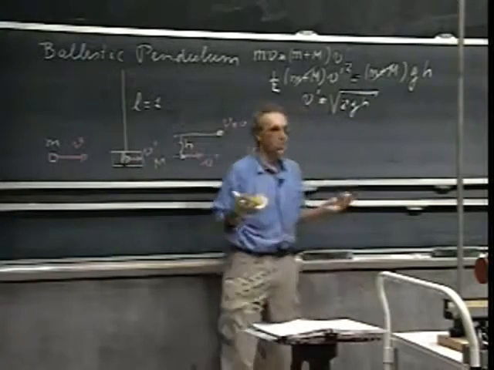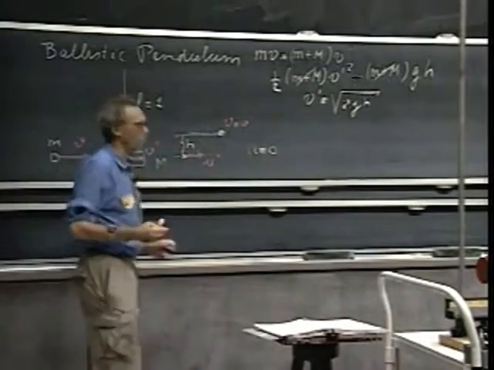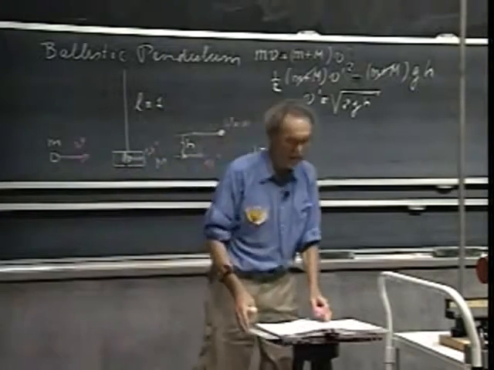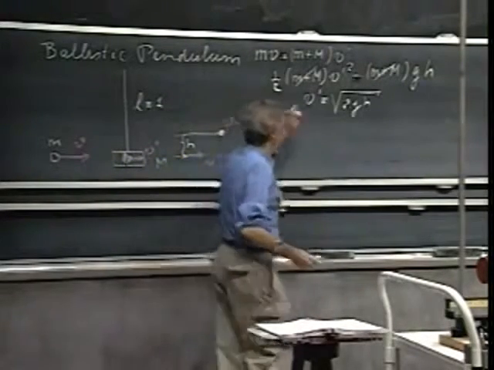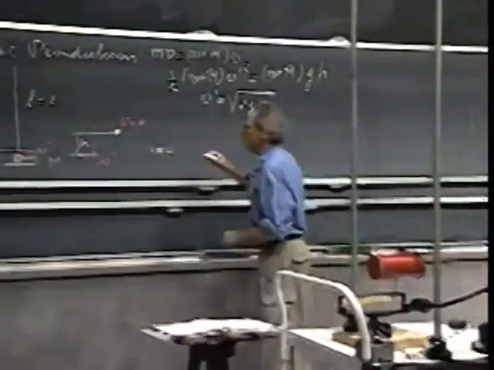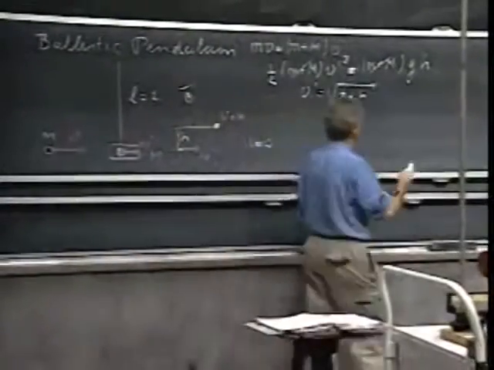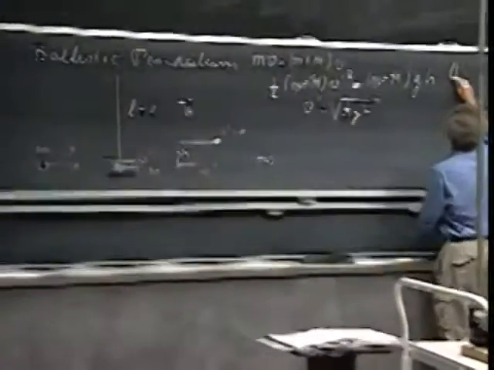And so all you would have to do is measure h, and then you know v prime, and if you know v prime, you know the speed of the bullet. But life is not that simple. It's very difficult to measure h, and I can make you see that. Suppose this angle theta, when it comes to a halt, is only 2 degrees.